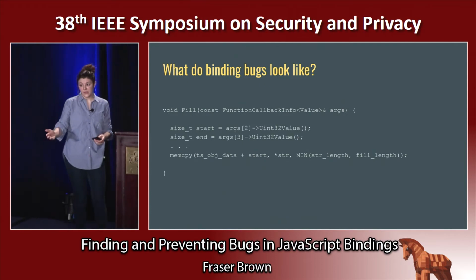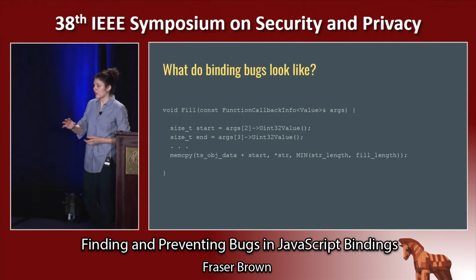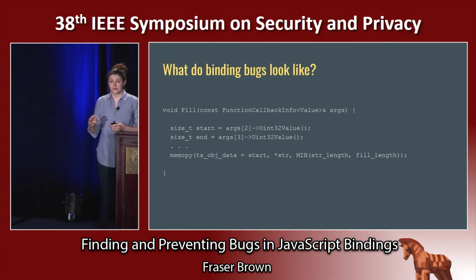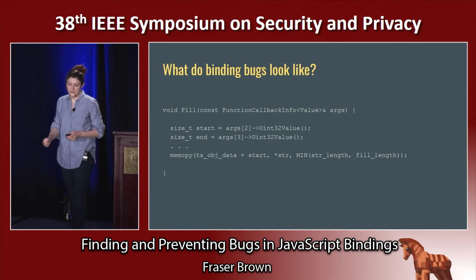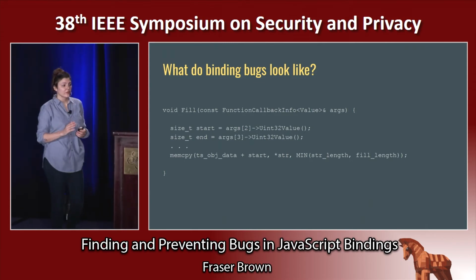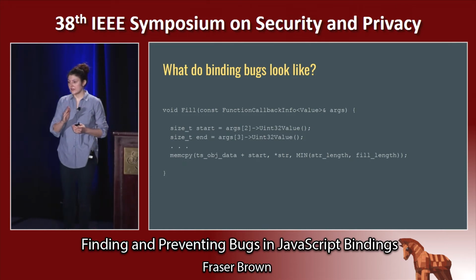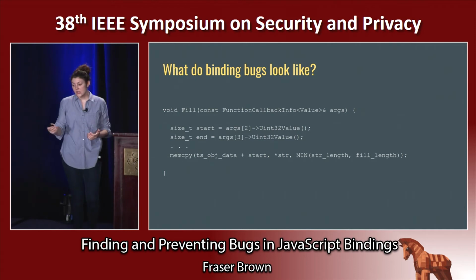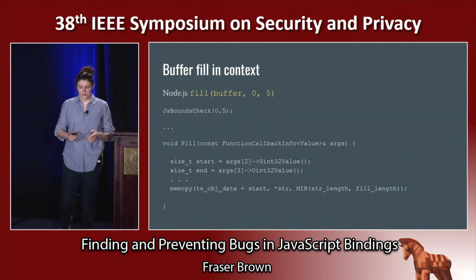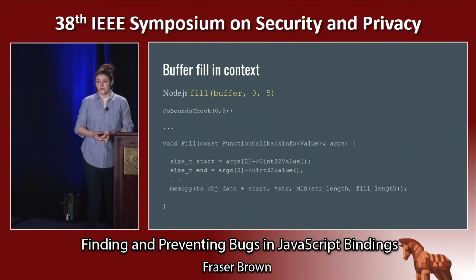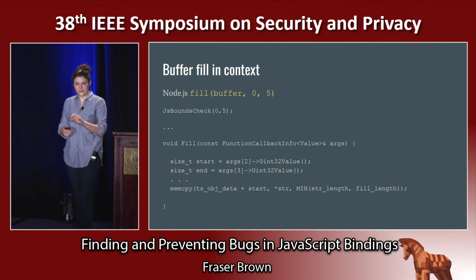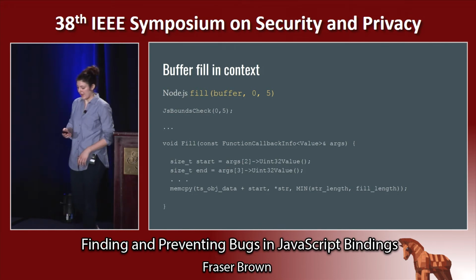So this is a buggy binding layer function. And before I can talk about how it's broken, I'm going to talk a little bit about what it does. So this fill function efficiently fills in a buffer from a start index to an end index. And since it's exposed binding code, we can call it from JavaScript. So we can say fill, and this will fill in our JavaScript buffer from index 0 to index 5.